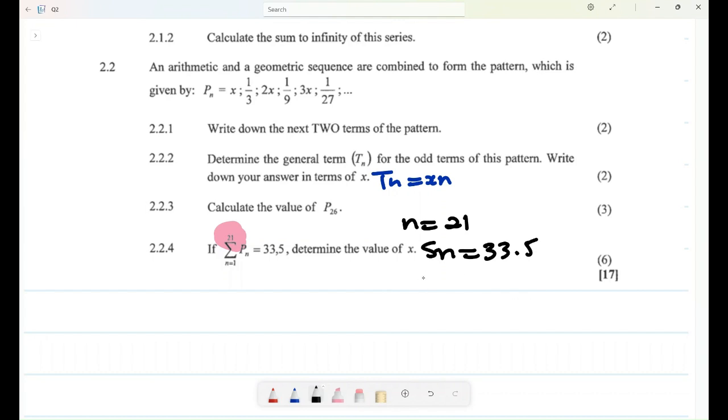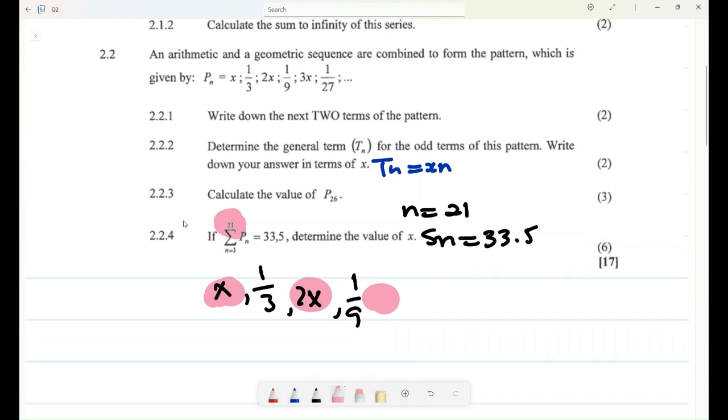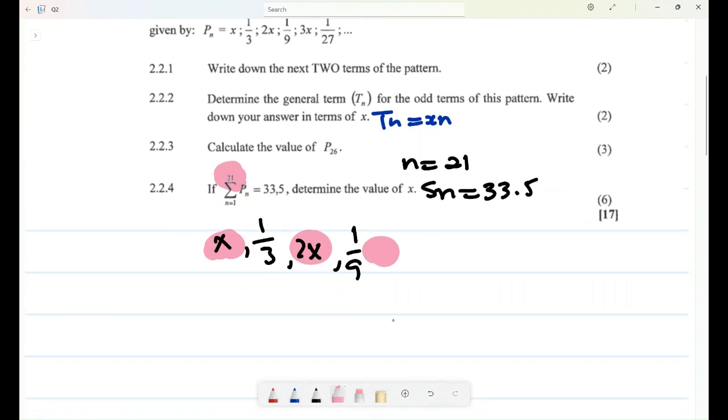Now, if I'm having 21 terms, remember it is x 1 over 3, 2x 1 over 9. So the 21 terms are based on this arithmetic sequence. It means the arithmetic sequence will have more terms.